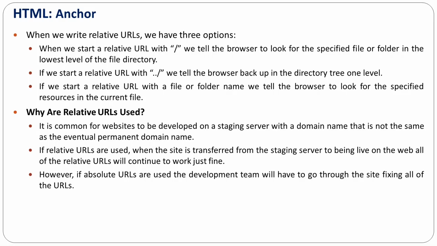It will not affect the performance of the website or the availability of the resources. However, if absolute URLs are used, the development team will have to go through the site fixing all of the URLs. They have to update the path, because if the whole path is changed from one location or directory to another, they have to fix all these things.